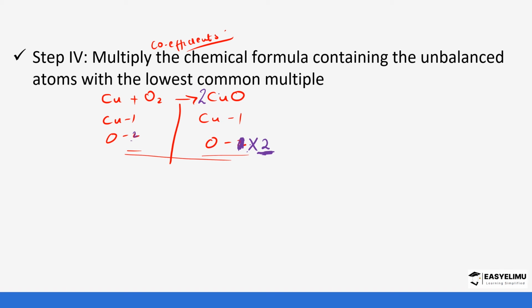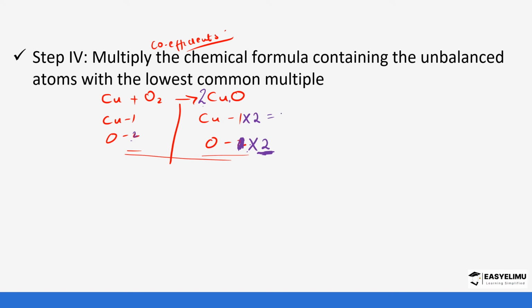But you notice the moment we put this coefficient here, it's going to affect the number of atoms in copper. Initially we had one copper atom, but if we put this two here, it becomes a multiple for all the atoms in the compound. So we have also to multiply this with 2 because you can see it is in front. It's like an invisible bracket.